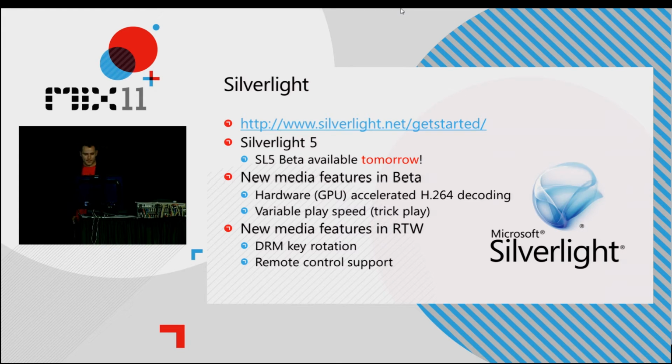The Silverlight 5 beta is going to have hardware GPU-accelerated H.264 decoding. If you've ever tried to decode H.264 video on a netbook that has an Atom processor or something, or an older computer, you know that it kind of chokes on it, because H.264 decoding is more demanding than VC-1 decoding and some other codecs.